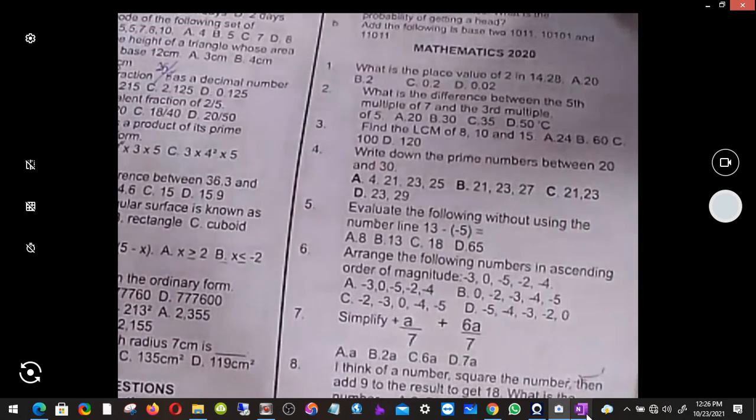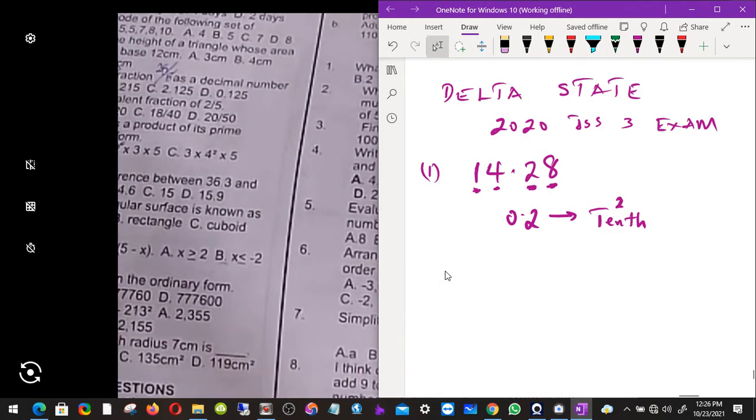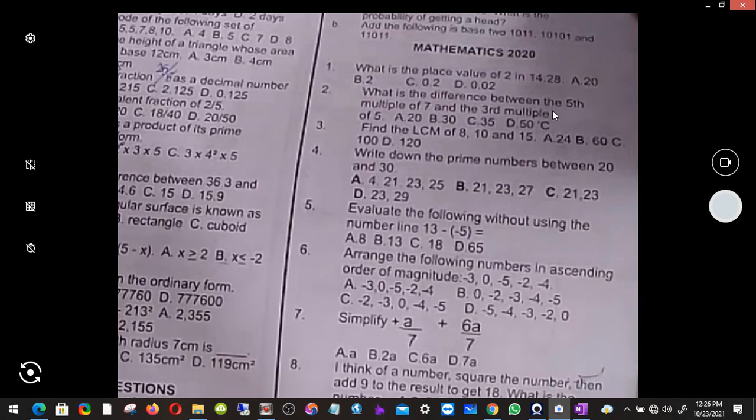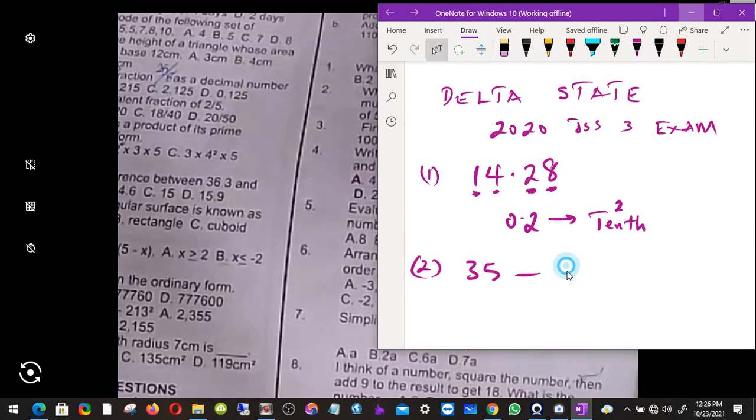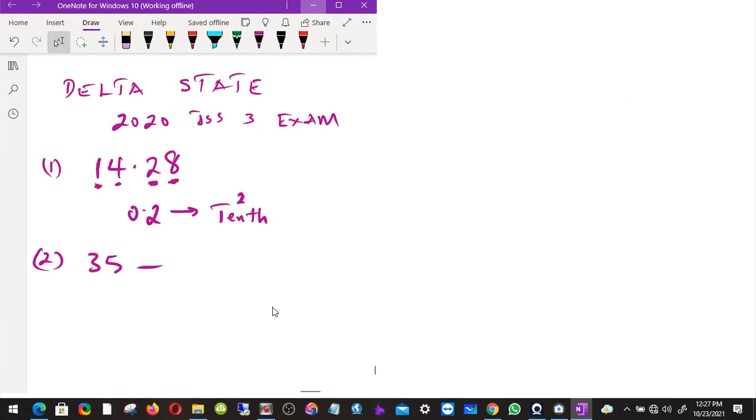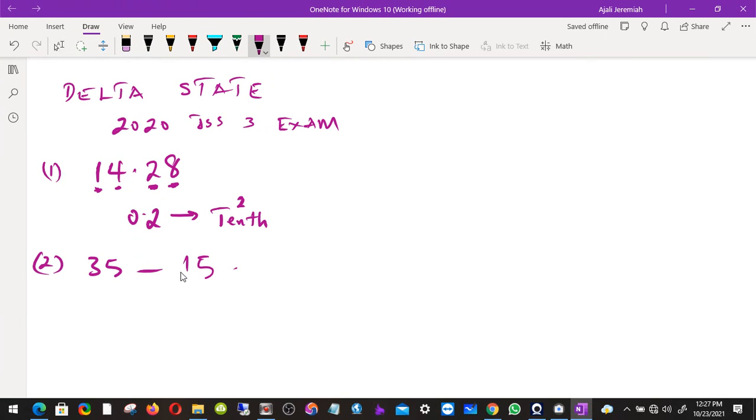What's the 5th multiple of 7? The 5th multiple of 7 is 35. And the 3rd multiple of 5 is 15. So what's the difference? Are we there?